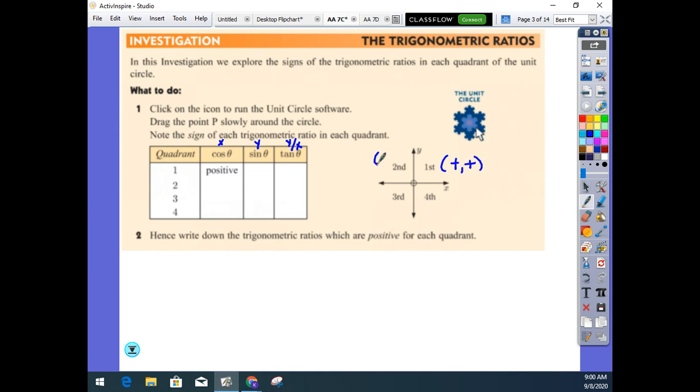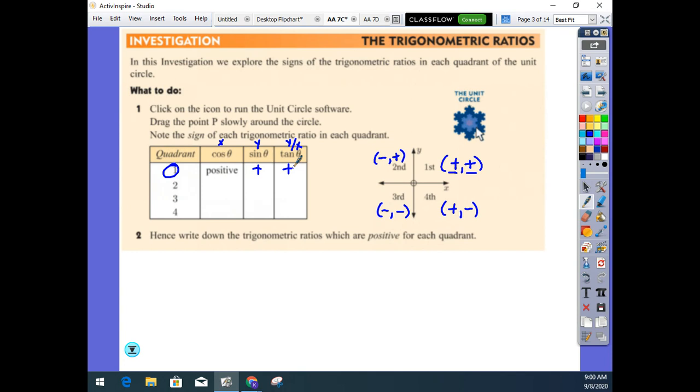In the second quadrant, x is negative, y is positive. In the third, both x and y are negative. And in the fourth, x is positive and y is negative. So let's think about quadrant 1: cosine is positive because x is positive. Sine is positive because y is positive. If I take y divided by x, a positive divided by a positive is still positive.